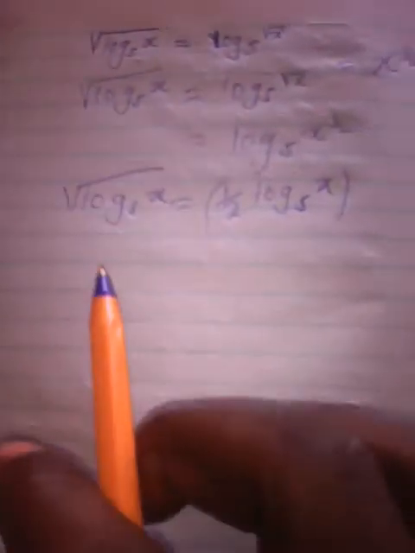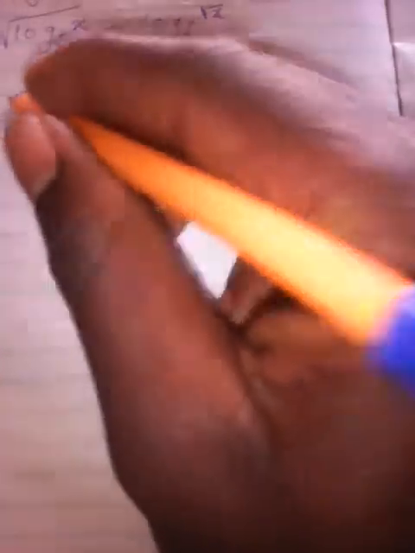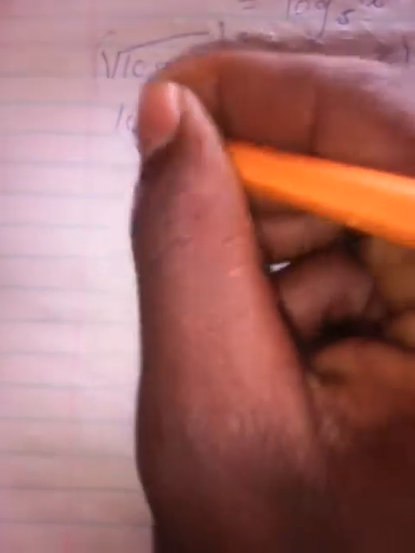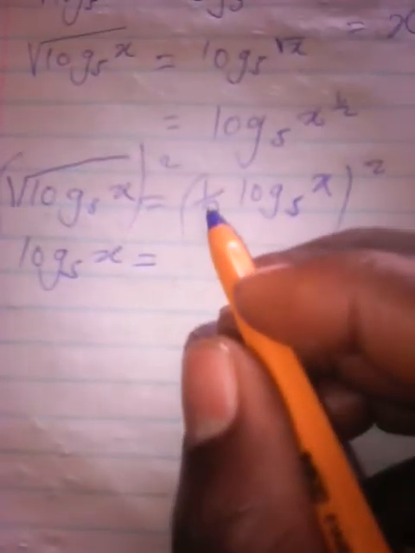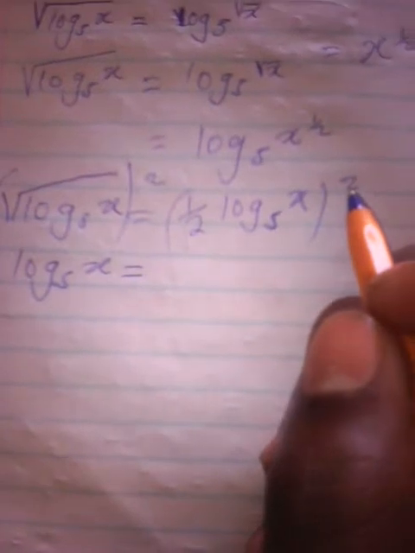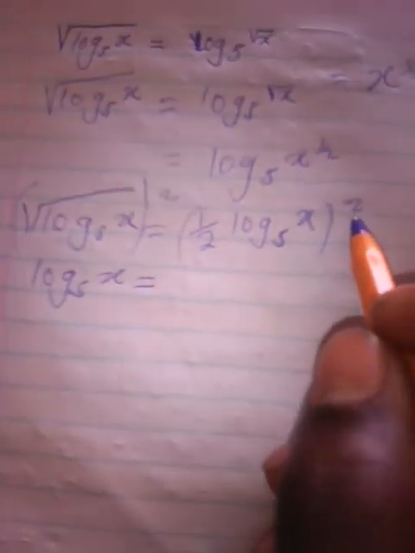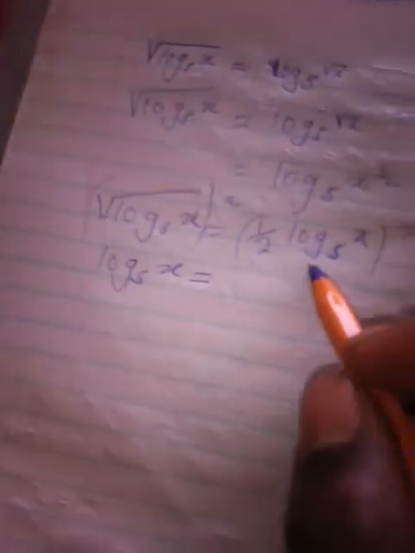Now how do we let go of this root? We simply do that by multiplying both sides of the equation by 2. So say 2 here and here 2. Now when you do this one here, it will go completely. You have log base 5 of x is equals to, this one is also part of the square that is being powered on this same expression.